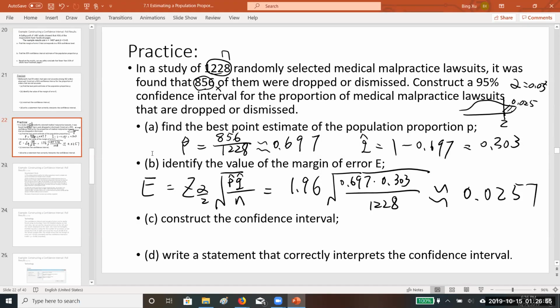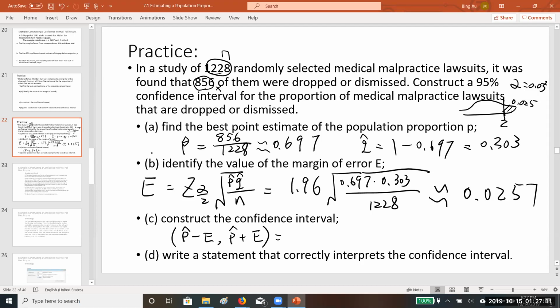Okay, you find your P hat, you find your E, then the confidence interval will be between P hat minus E and P hat plus E, right?